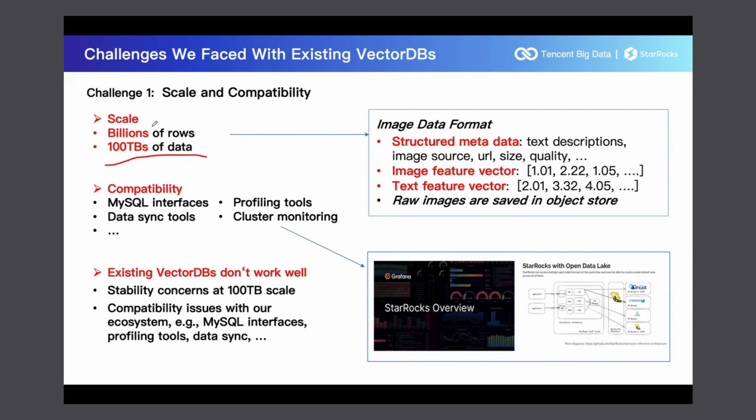Therefore, we have concerns about whether existing VectorDBs can maintain stability and availability at such a massive scale. Also, bringing in a completely new VectorDB introduces potential integration challenges with our existing platform.